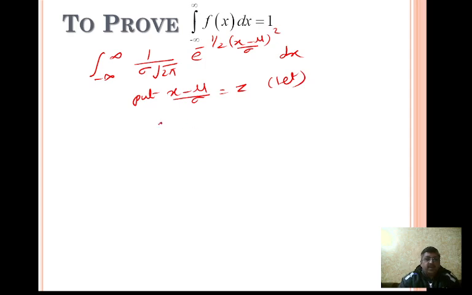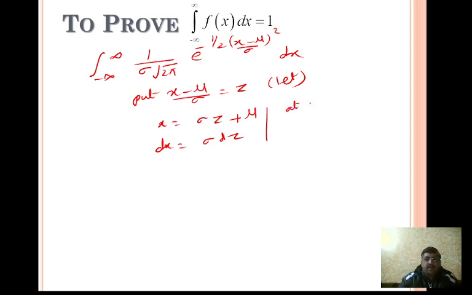In that way, we can find the value of x is equal to sigma z plus mu. Yes or no? Yes. So if we find dx, dx is sigma dz. Is this clear to everybody? And after substitution, we also have to worry about the limits, as it is a definite integral question.